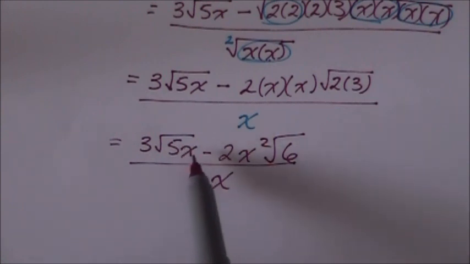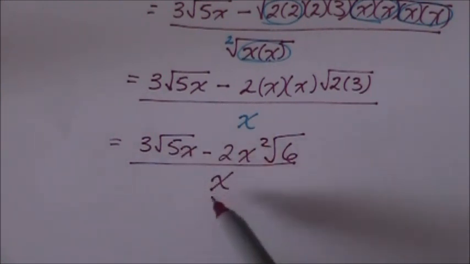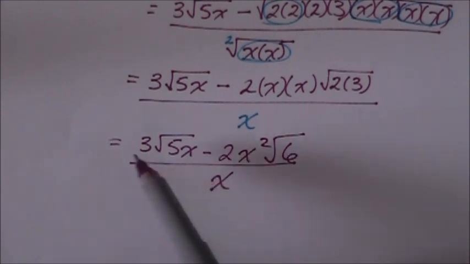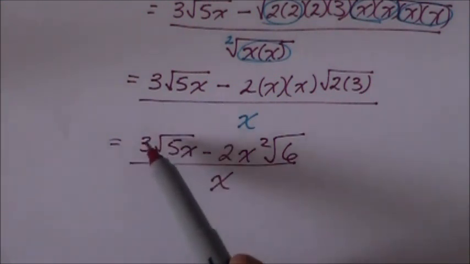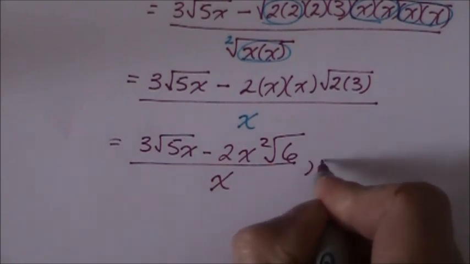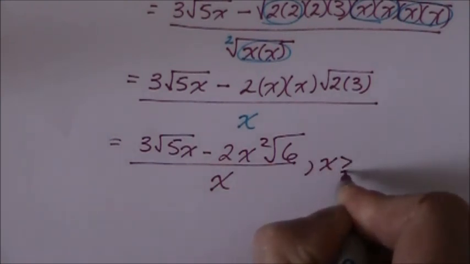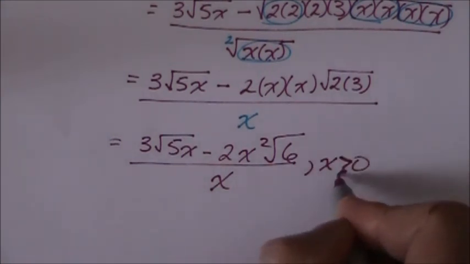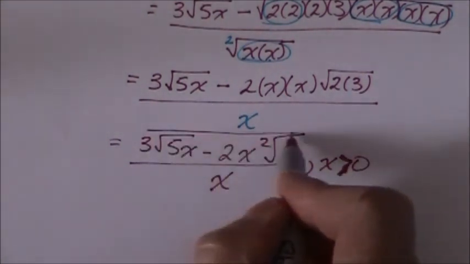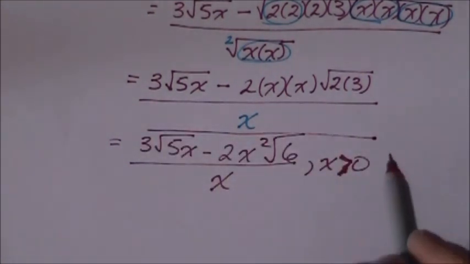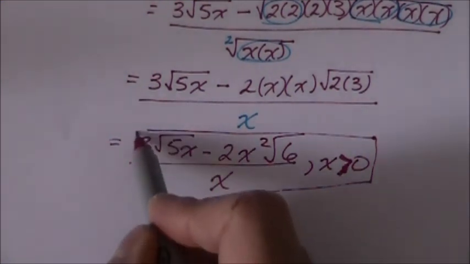These two x's cannot be simplified because one's under a radical sign, one isn't. These two, although these guys can simplify on the coefficient, there is no x on this coefficient to simplify. So if we add in our restriction, x has to be greater than 0. That would be our final answer.